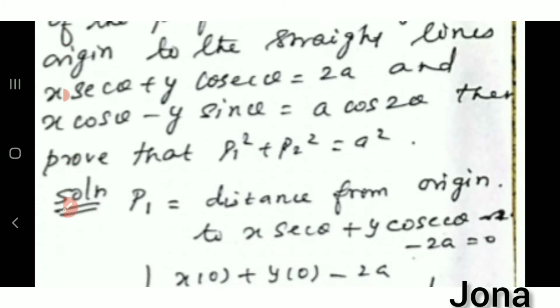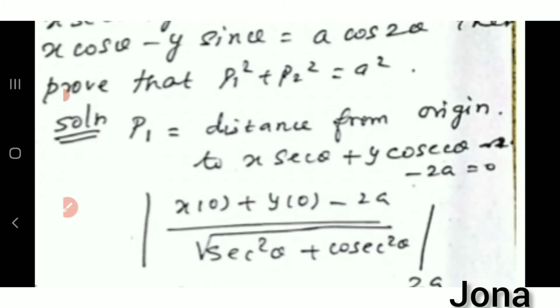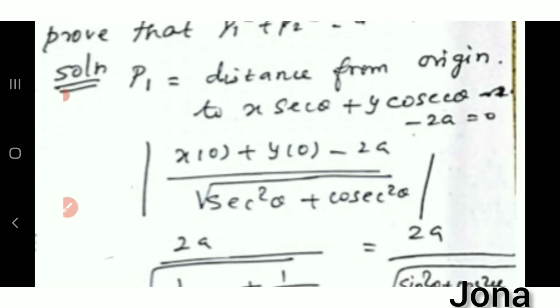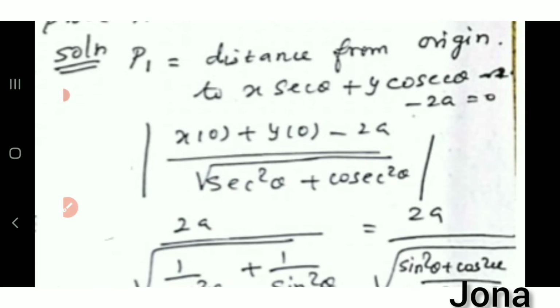So from these two, we want to find the value of P1 and P2 first. P1 is the distance from the origin to the first equation. So here I want to take this distance P1 equal to plus or minus, x into, instead of this origin, we want to put 0 and 0, isn't it?